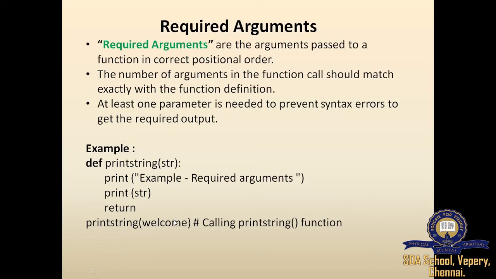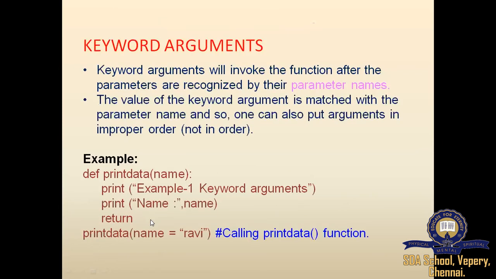So this welcome string will be passed to the parameter str. Str will receive that argument and print it on the screen. What argument has been received? Welcome. Are you clear? Then keyword arguments.